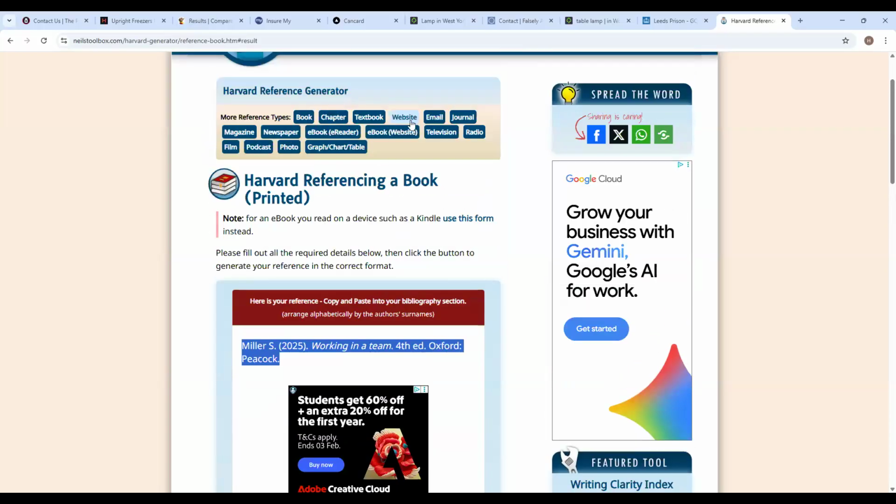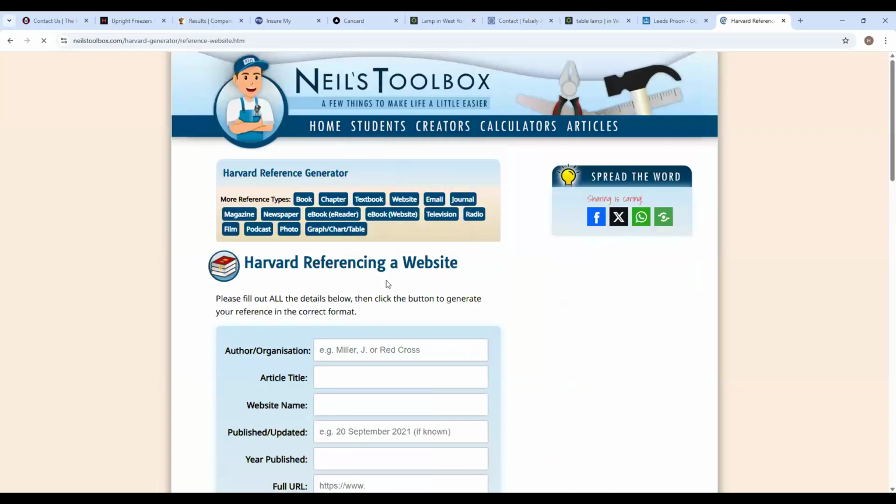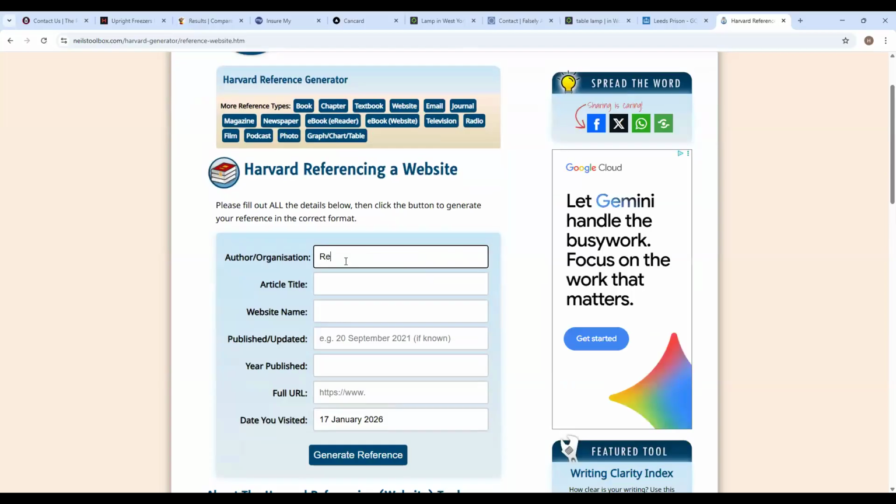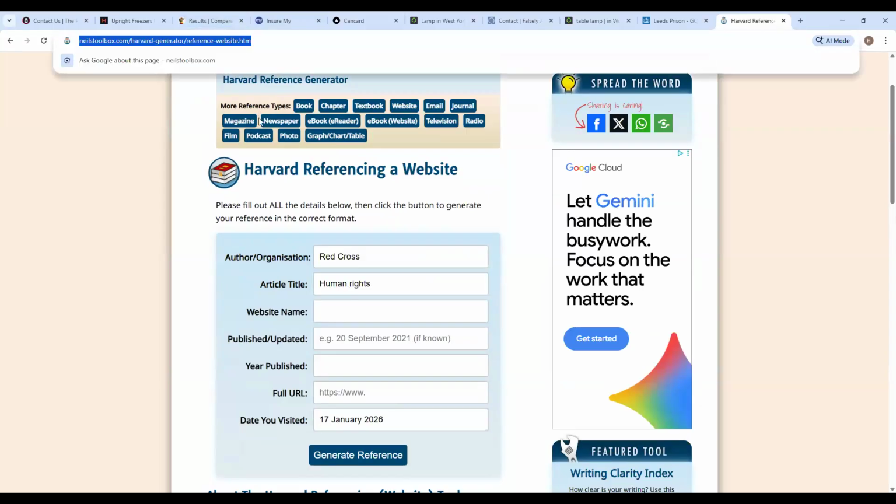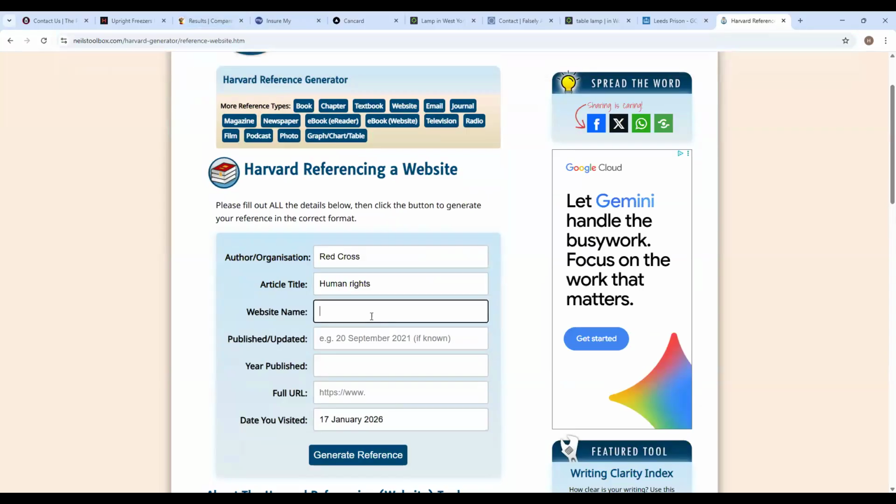For example, let's do a website from the internet. Let's just put Red Cross. This is an example for you. Article detail could be human rights. The website name could be Red Cross. Then when it was published, maybe 20th of December 24, I'm just guessing this, so the year published could be 2024, 2025.